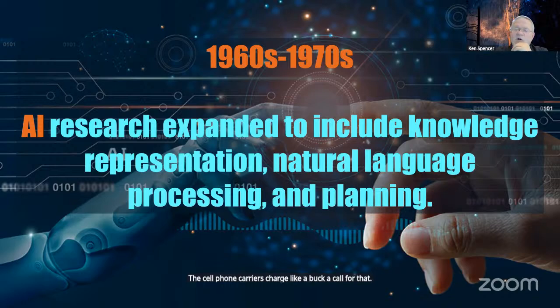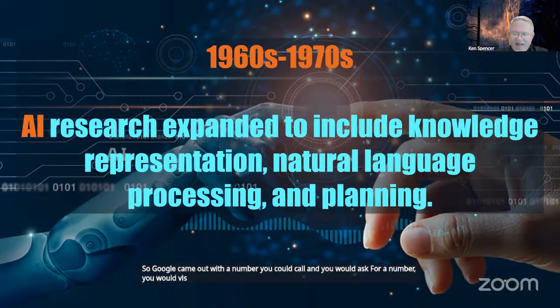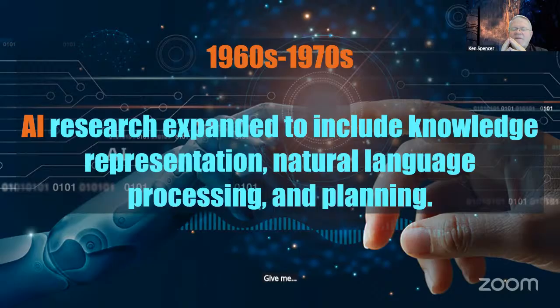So Google came out with a number you could call, and you would say, give me the phone number for Pizza Hut in Rancho Cordova, let's just say. Well, Google provided that for free.